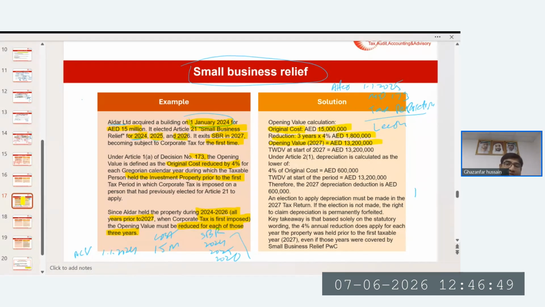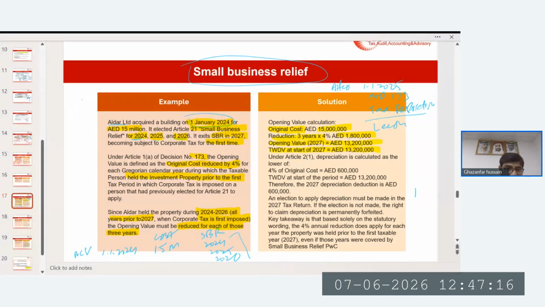So we are saying the opening value and the tax written down value are both the same. Why? For understanding the calculation, we learned that the tax written down value means the original cost minus the depreciation for the number of years. That is called the closing balance of the before first tax period, or the opening of the first tax period, and that is the same as the tax written down value.